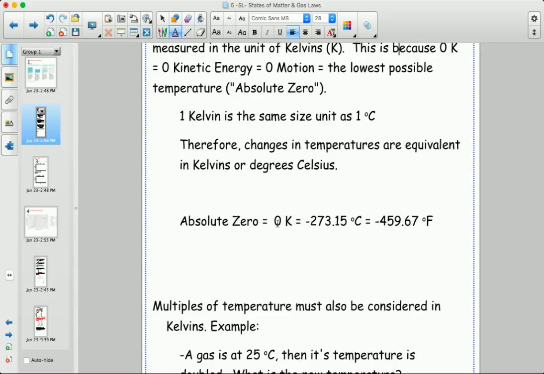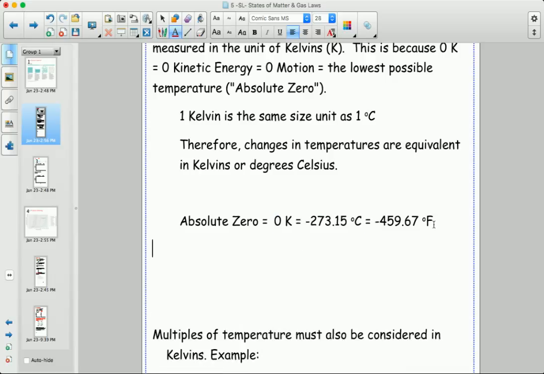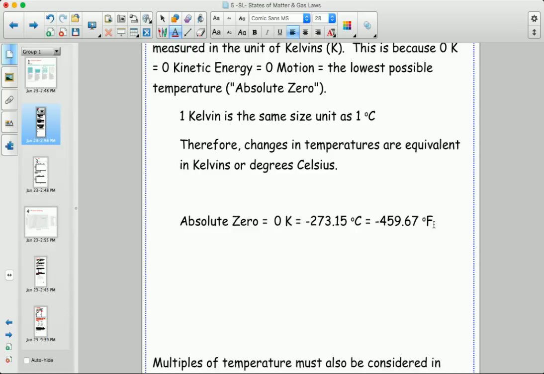They're just off by 273 degrees. So if it's 0 Kelvin, it's minus 273 Celsius. Whatever the temperature is in Celsius, you add 273 to get to Kelvin. Temperature in Kelvin equals temperature in Celsius plus 273.